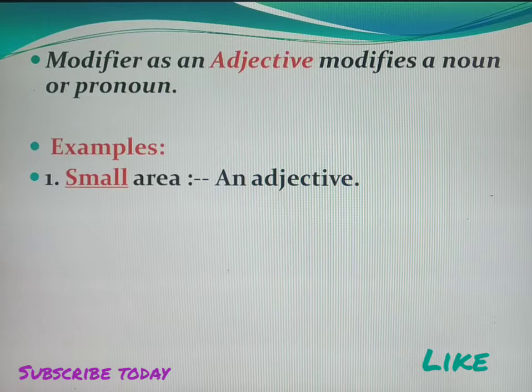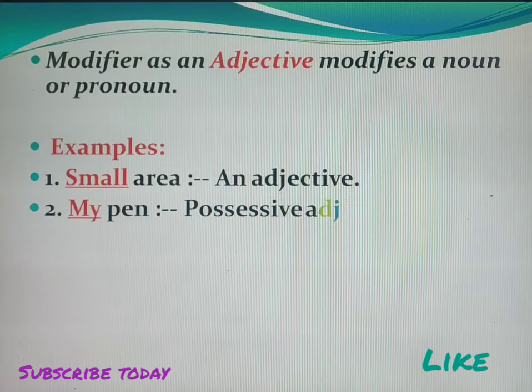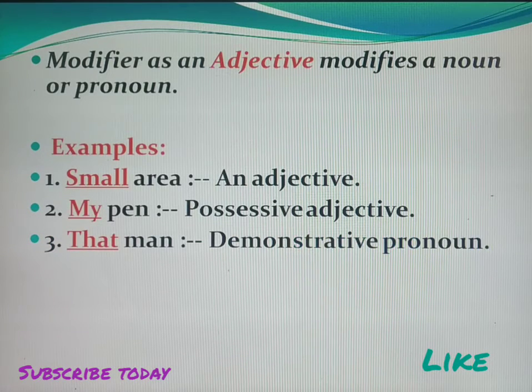Examples: it may be a simple adjective, as we find in these examples. Small area. This is an example of adjective functioning as a modifier. My pen. This is possessive adjective working here as a modifier. That man.